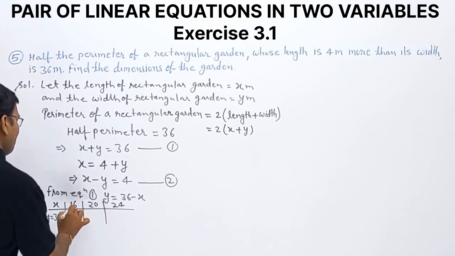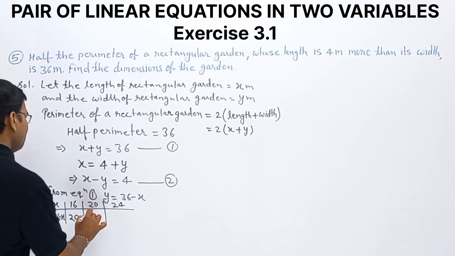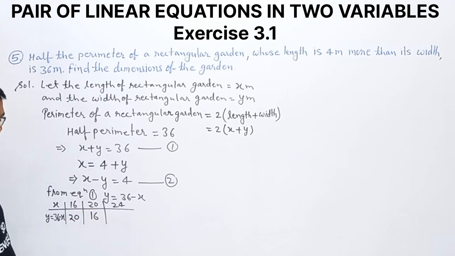20 plus 16 will be 36. So when x equal to 16, we are getting y equal to 20; when x equal to 20, we are getting 16.